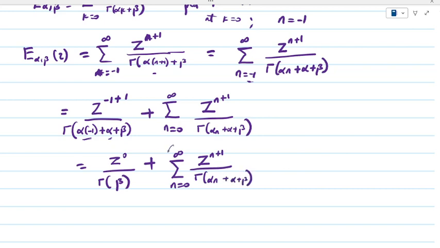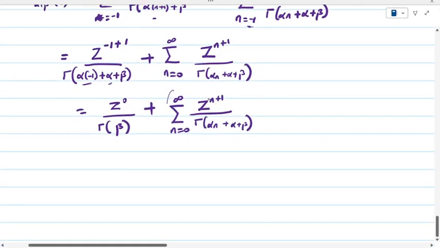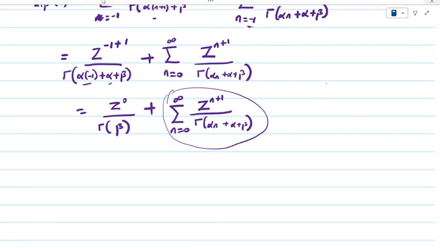So if you compare this summation to the general formula, don't forget we have our Mittag-Leffler function E_{alpha,beta} of z to be summation k equals 0 to infinity z^k over gamma of (alpha k plus beta).